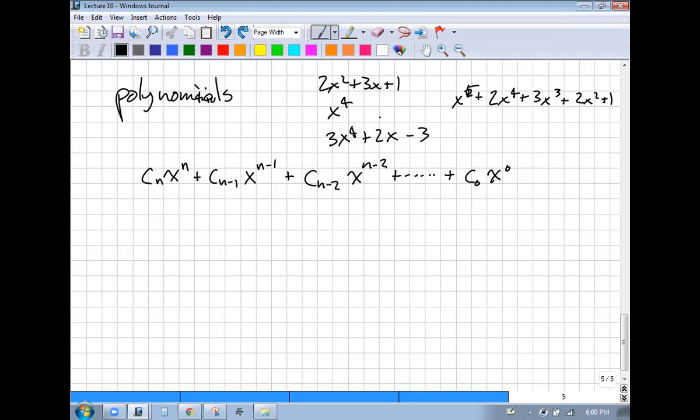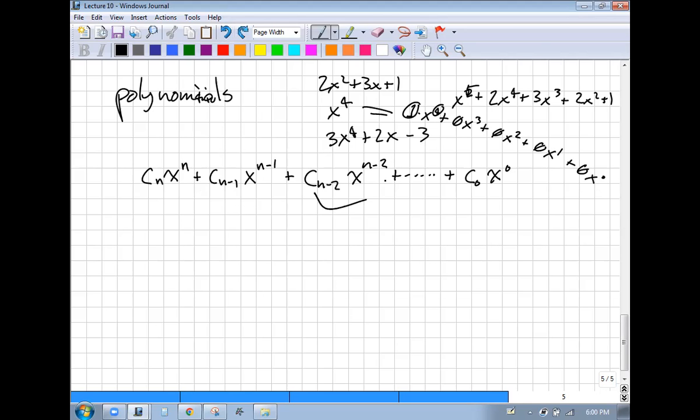So something like x to the fourth is really 1 x to the fourth plus 0 x cubed plus 0 x squared plus 0 x to the first plus 0 x to the 0 power, right? So in this case, n would be 4, c sub 4 would be 1, c sub 3 would be 0.